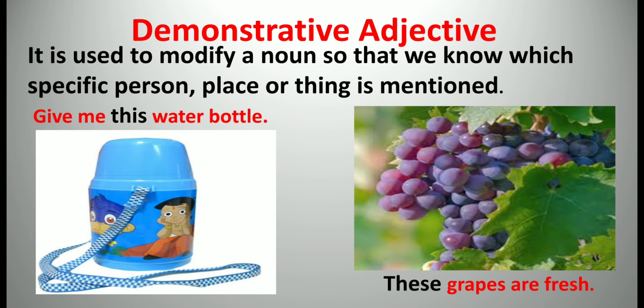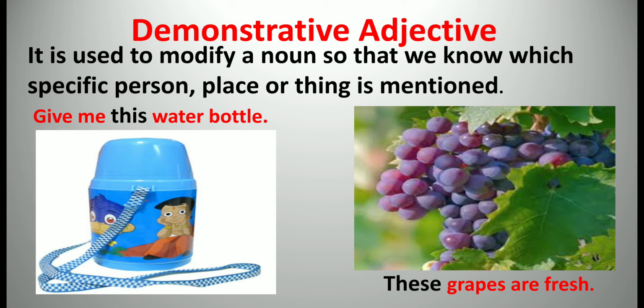The next kind of the adjectives is demonstrative adjective. It is used to modify a noun so that we know which specific person, place, or thing is mentioned. These answer the question, which one? Let's have a look at these examples.